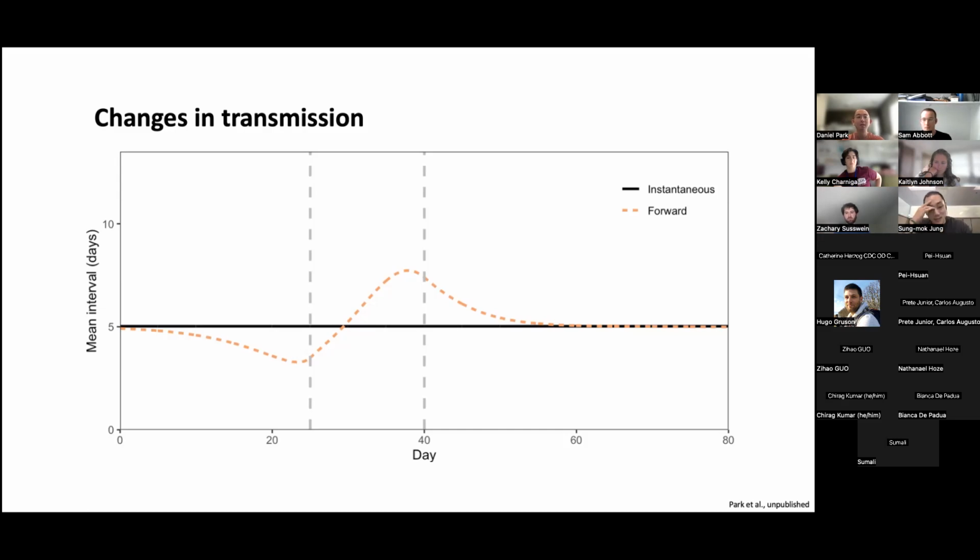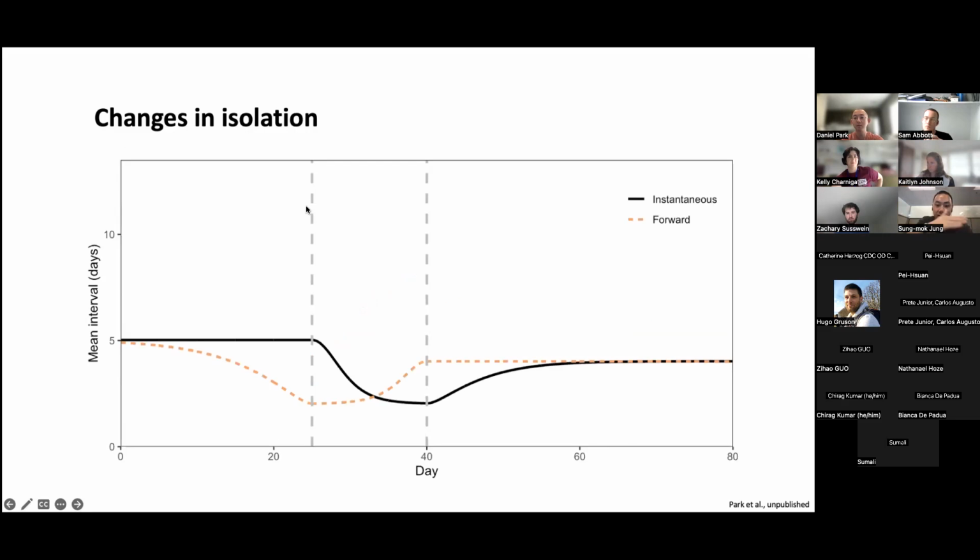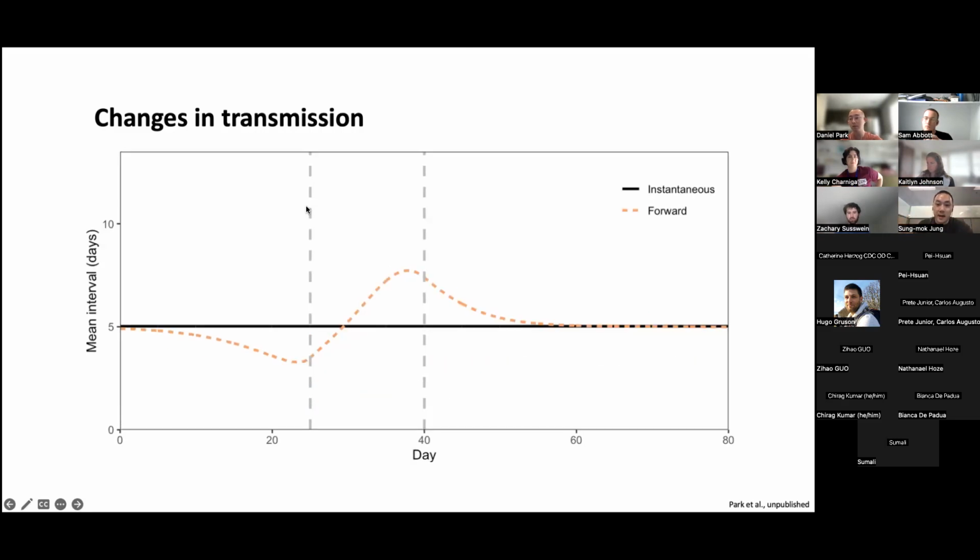My question is about the first part. In the first part, you said case isolation can change the generation interval and it gives some bias in the estimate of RT, right? But I think in practice, it's hard to find the exact time points when the case isolation changes. We don't really change the case isolation policy as time goes by following the epidemic.